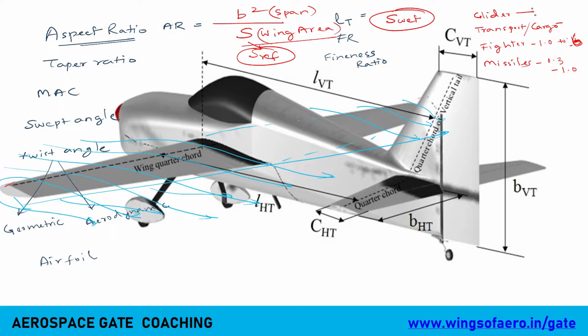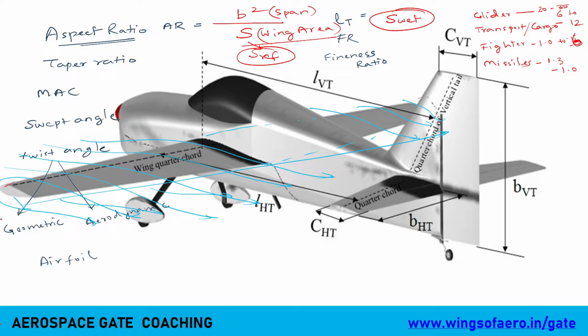Transport starts from 6 to 12. For glider, it starts from 20 to 35. So these are the basic ranges of aspect ratio. I hope you are noting down these points.